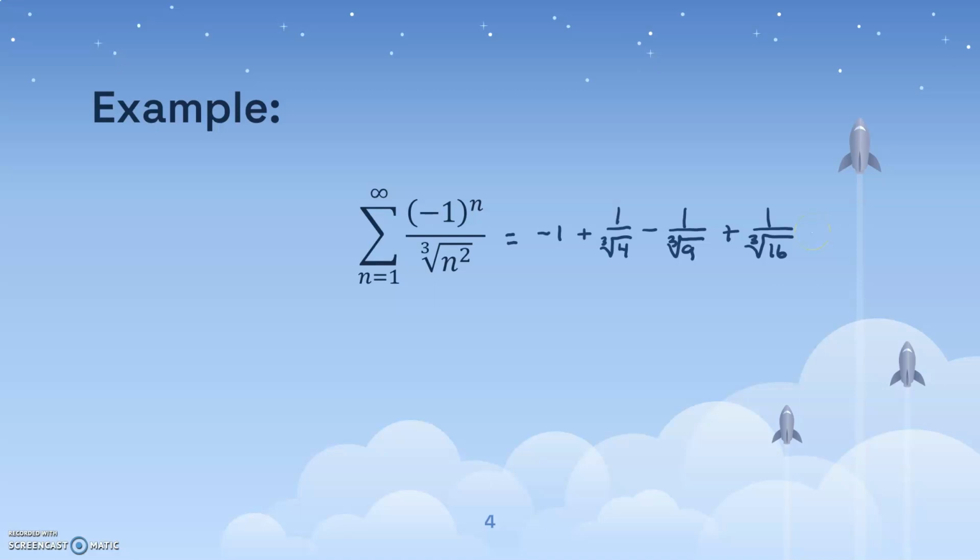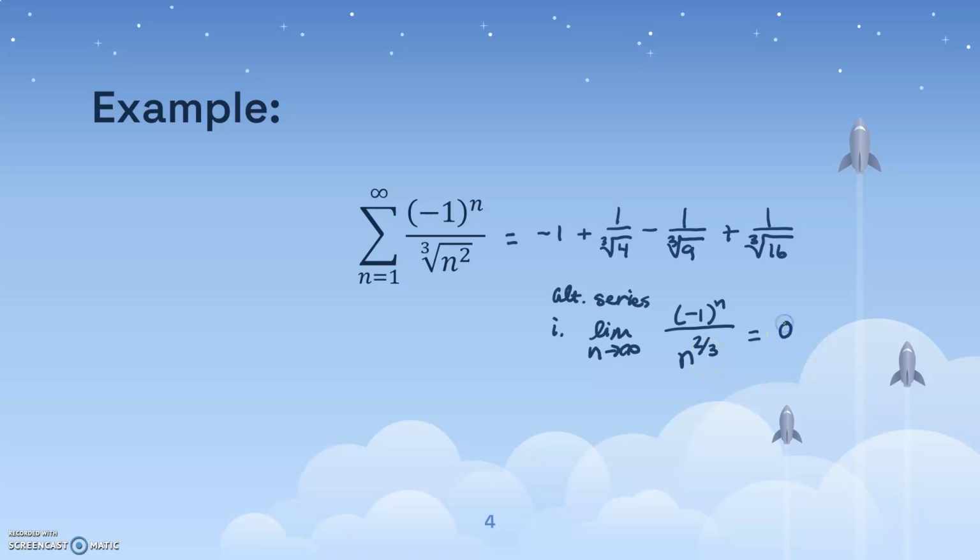It converges because of the alternating series test. If I do the first part of the alternating series test, I take the limit as n goes to infinity of (-1)^n over n^(2/3). Well, if n is going to infinity, I'm going to have a small number over a really big number.